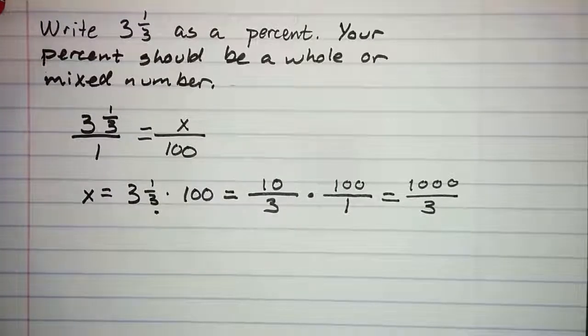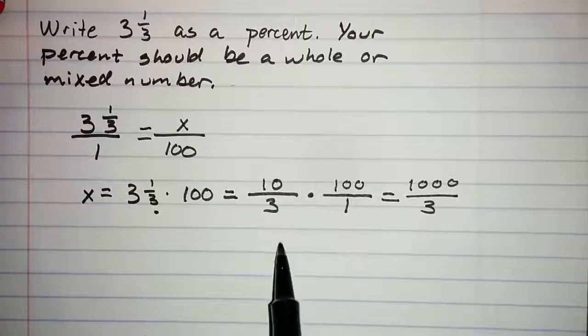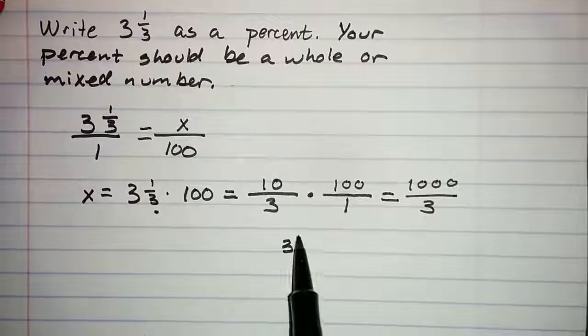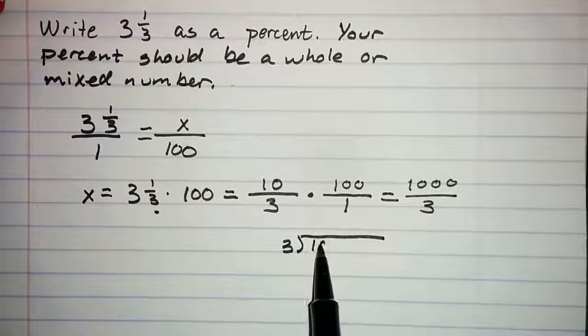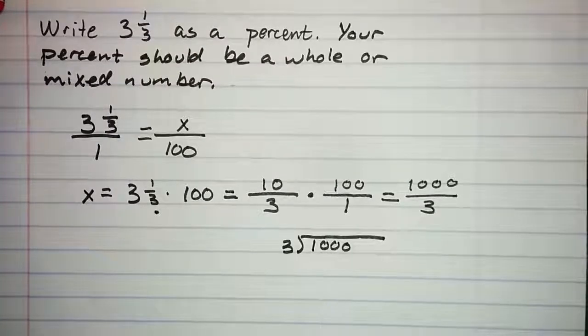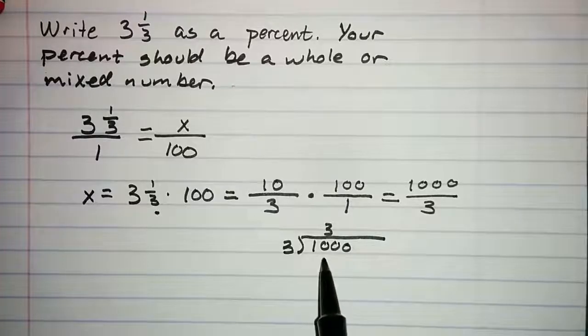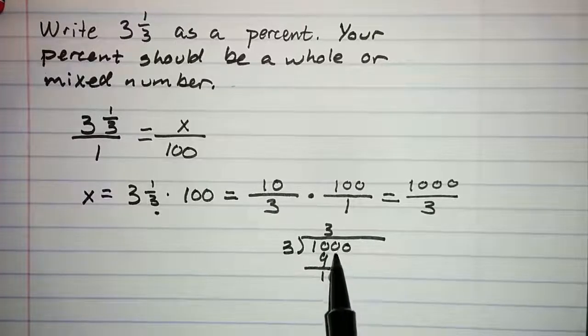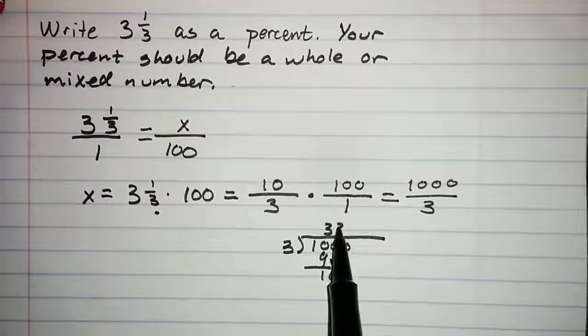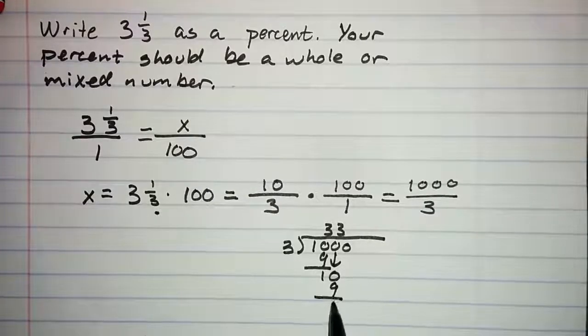But the instructions say I should write it as a whole or a mixed number. So I'm going to make that 1,000 thirds into a whole number or a mixed number by dividing 3 into 1,000. 3 goes into 10 3 times. Yes, I can see that the 3's are going to repeat, but I want to make sure I have the same number of 3's. So I'm going to go through this kind of carefully.